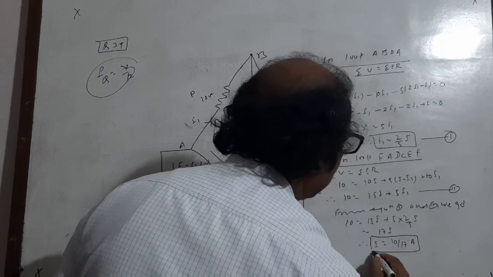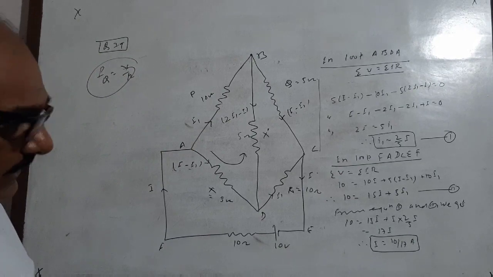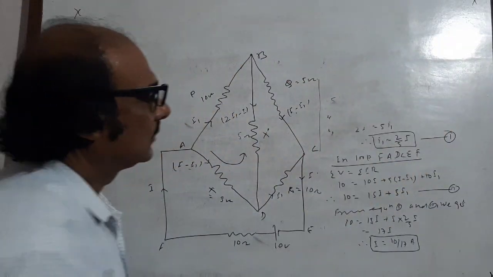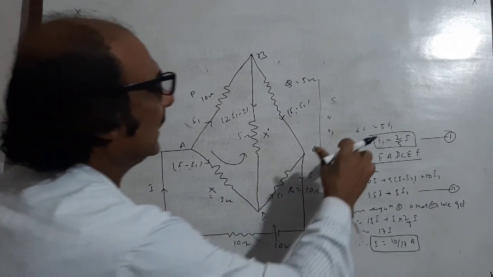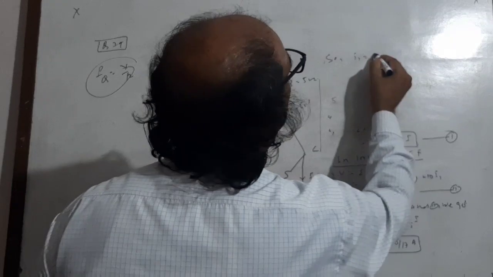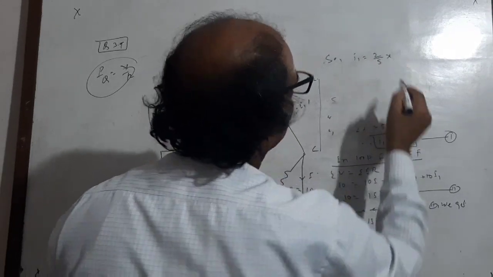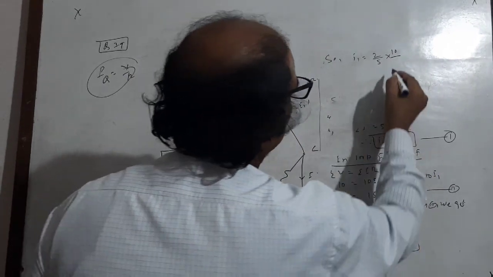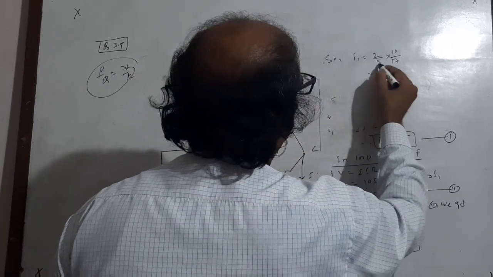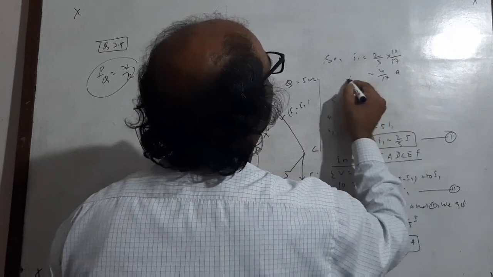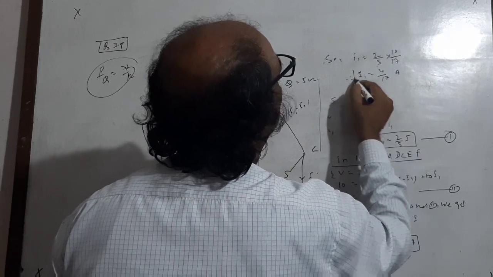So first current I equal to 10 by 17. Now to find the current I1, I1 equal to 2 by 5 into 10 by 17, so 4 by 17 ampere, and this one is I1.